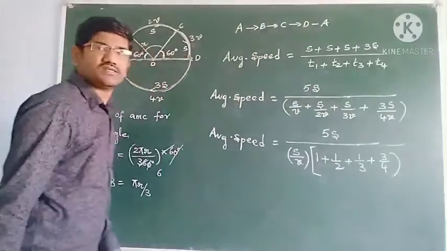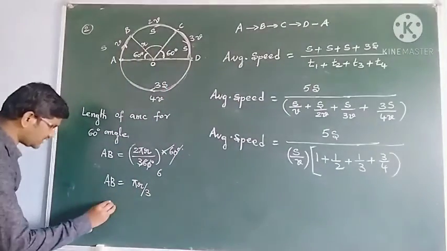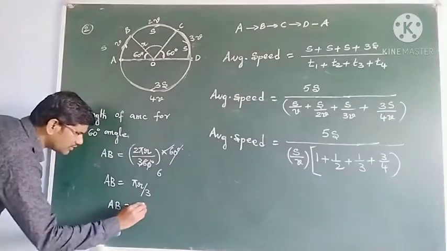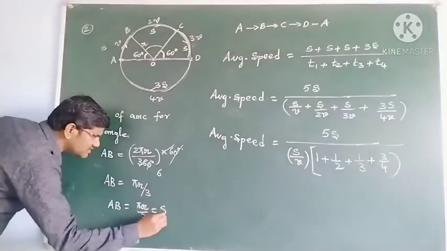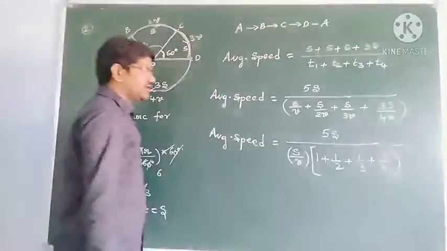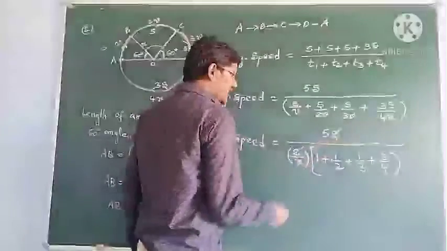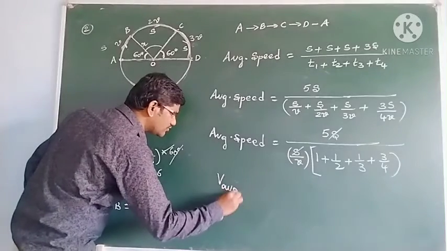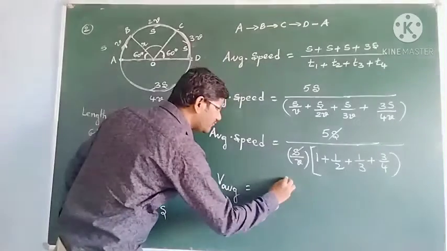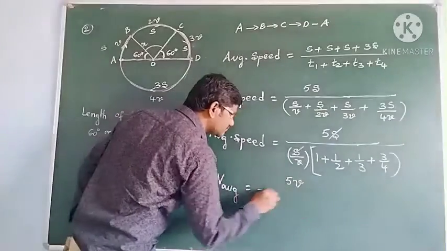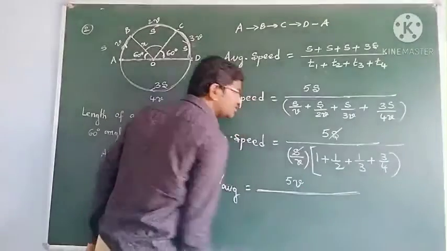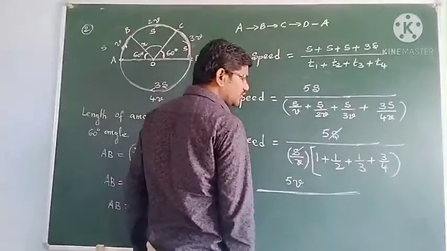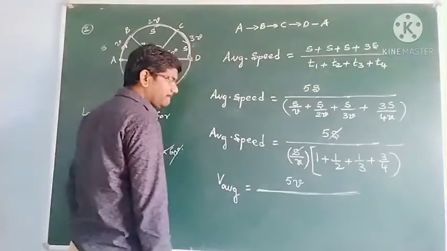Okay students, so this pi r by 3, so if the 60 degrees angle is given in terms of radius, you will get pi r by 3, that I am taking as S. Okay students, then S gets cancelled, this V goes to the numerator, then V average is equal to 5V by, we will take the LCM of 2, 3, 4.